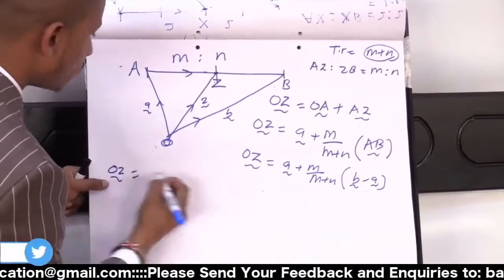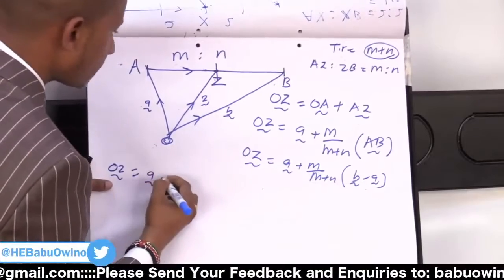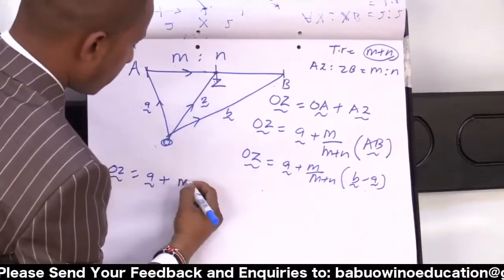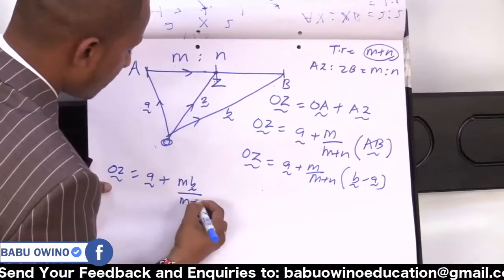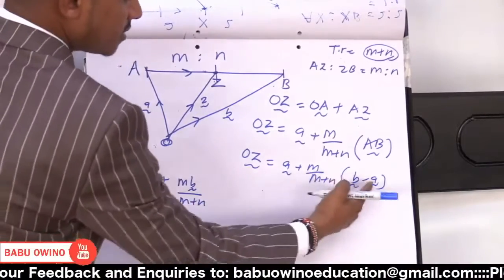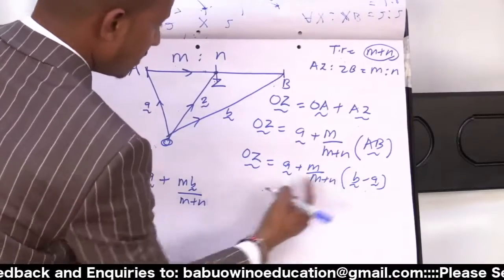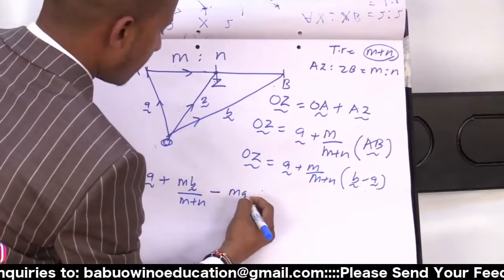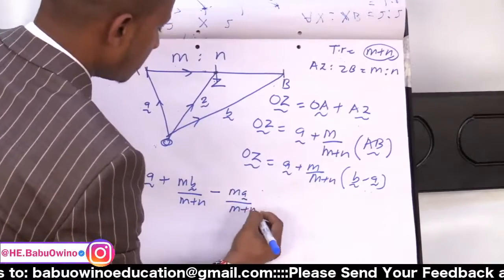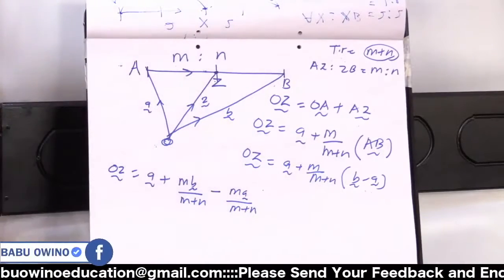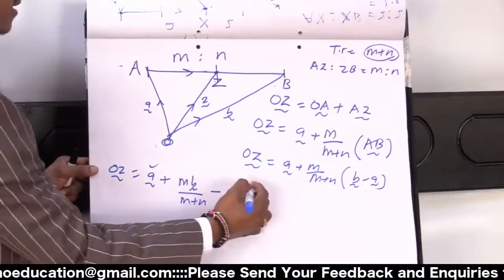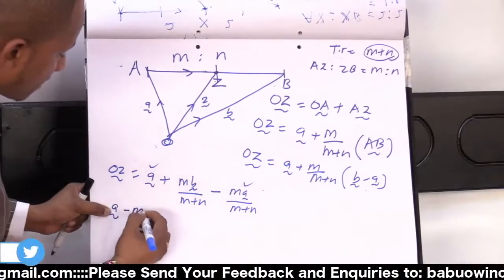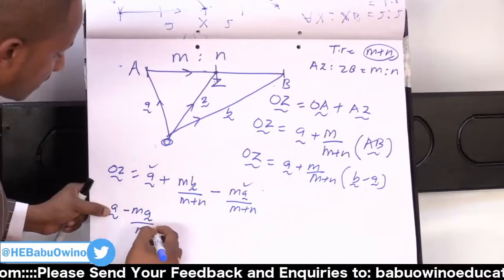OZ equals A plus B times M over M plus N, which is MB over M plus N. Then M over M plus N times minus A is minus MA over M plus N. We have A here and A here, so bring them on one side: A minus MA over M plus N.